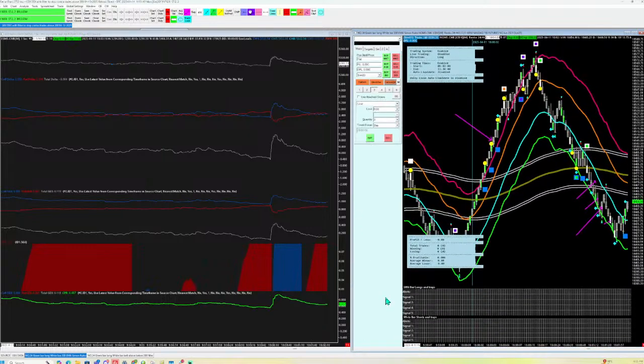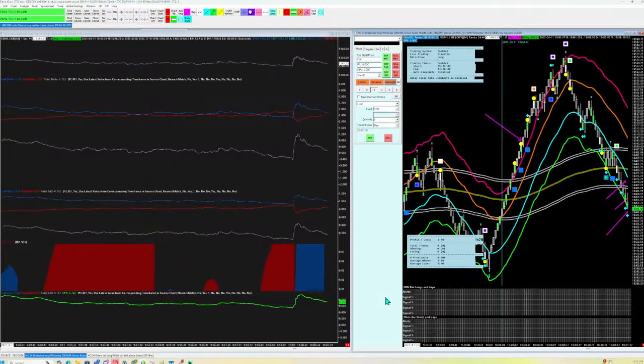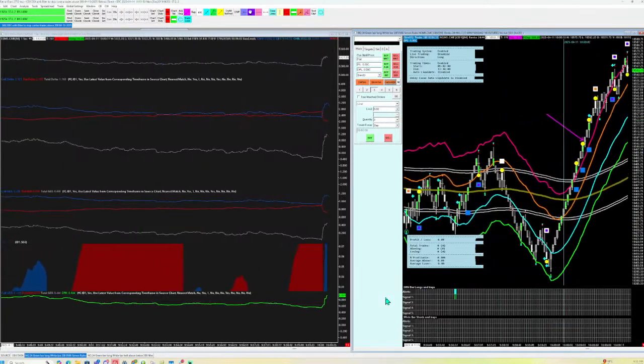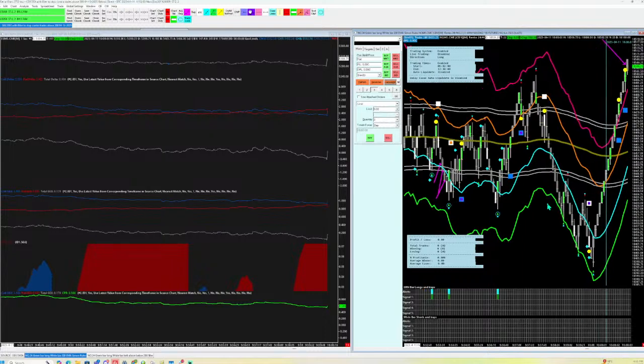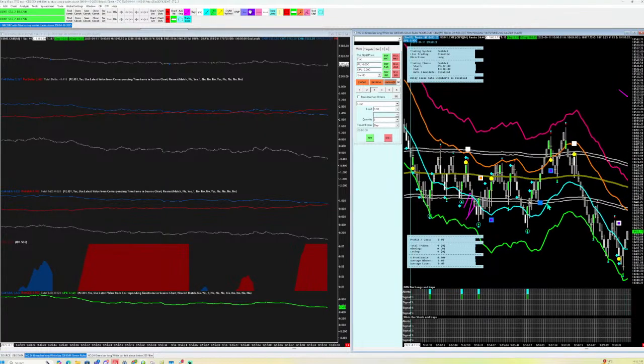Okay, so back over here, this is particularly the area I'm concerned about right here. So when we make this plunge, clearly underneath the 200 and off the white channels below, I do not want to continue to take longs, right? In this particular case, when we got to 958, it shut off taking longs, but it's not always the case, okay?